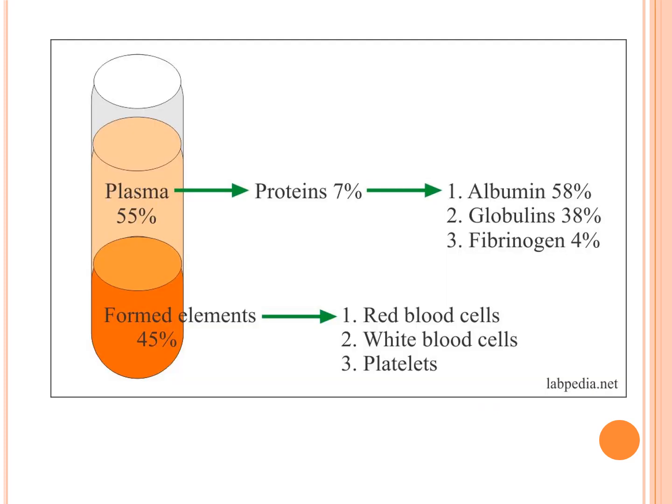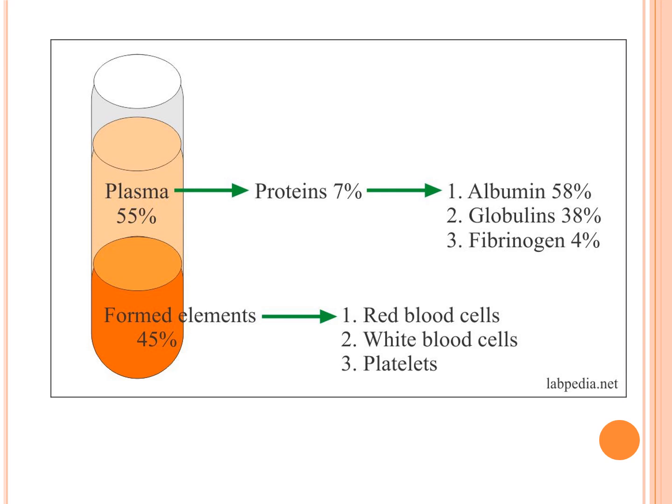If you collect blood, 45% will be the blood cells and 55% will be plasma. Plasma consists of 92% water and 7% proteins. Which are these proteins? Three are there: albumin, globulin, and fibrinogen.